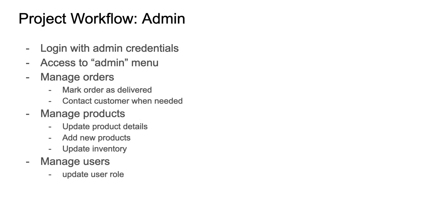So, let's now have an overview of the admin type user. Basically, the admin type user is responsible for handling other regular users and also handling the orders, for example, updating order status and marking as delivered.